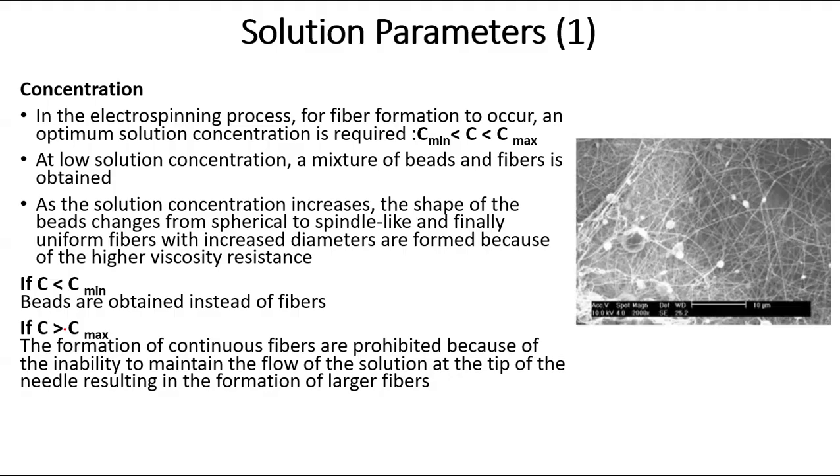If you do have a low solution concentration, you should be expecting these types of bead formation. Once the solution concentration increases, the shape of the bead changes from spherical to spindle-like. And finally, uniform fibers with increased diameter are formed because of the higher viscosity resistance, because the concentration is directly related with the viscosity.